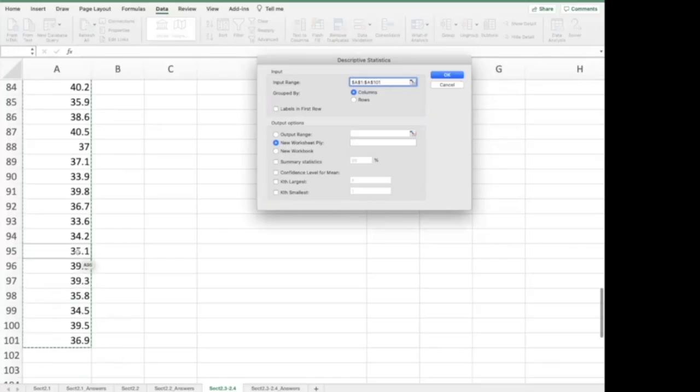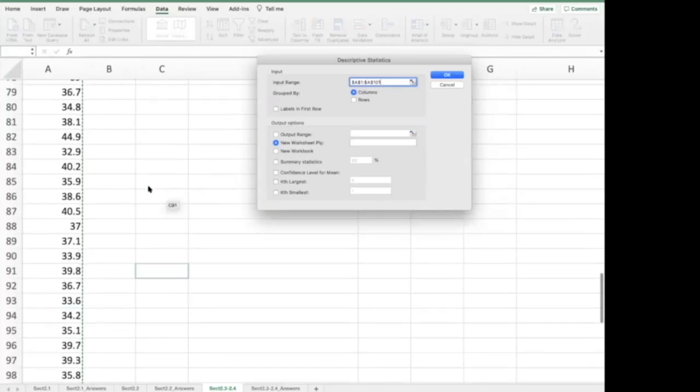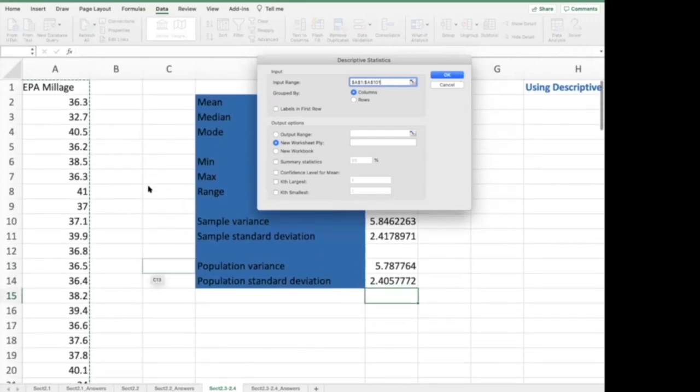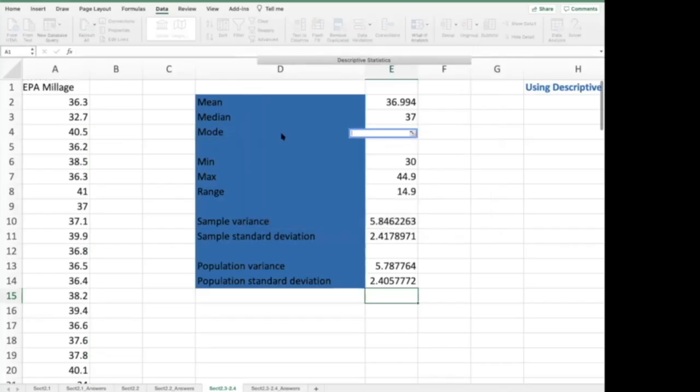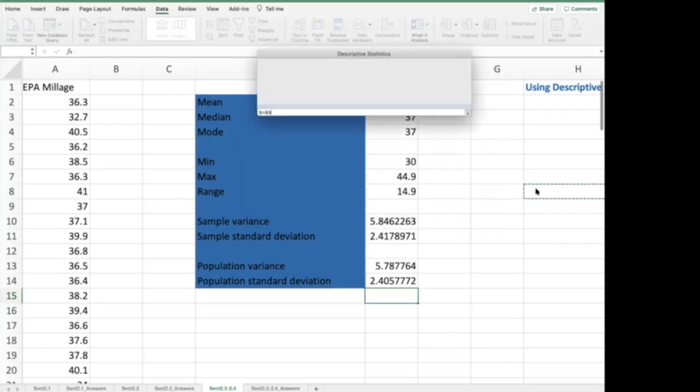And then because our data is in a column, we have grouped by columns. And then we select the first cell with a title. So you have to select the label in the first row. And then we need to find the output range somewhere here, any empty cell.